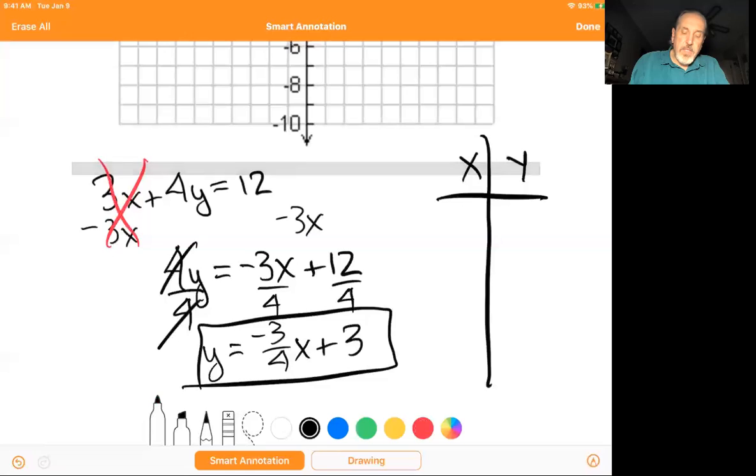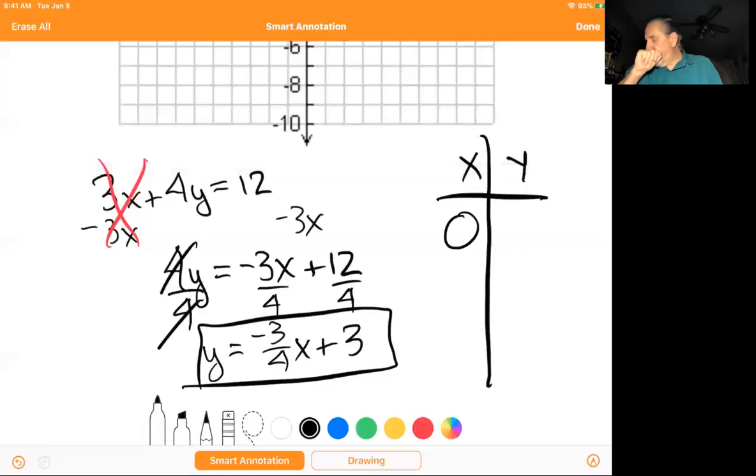I always like to use 0 whenever I can for x. And now I need to pick 2 other values for x and find their corresponding y values. Now here's a little tip. When you have a fraction in front of your x, the values you choose for x need to be multiples of the denominator.